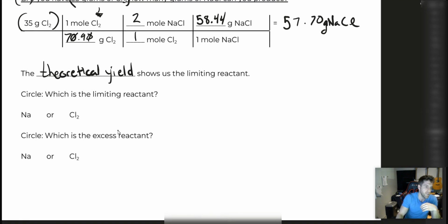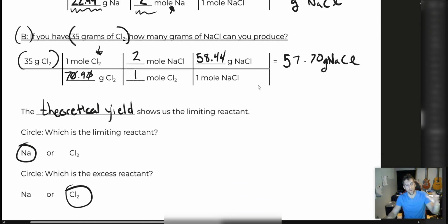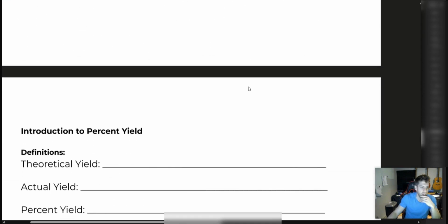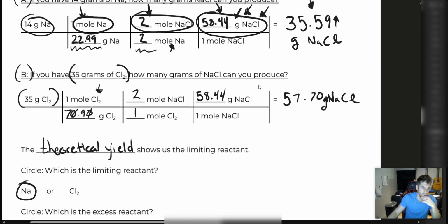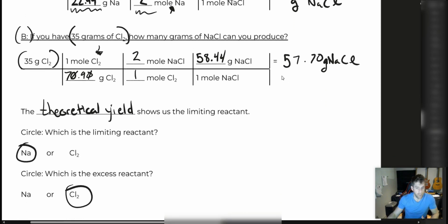That's going to be our sodium. And which is the excess? That's going to be the gas. Okay. Makes sense. So I've been trying to formulate so you can kind of see where my brain's at and the possible confusion that I had answering that clearly. I'm glad to show you where my brain ticks, but that's the basis of limiting reactants.